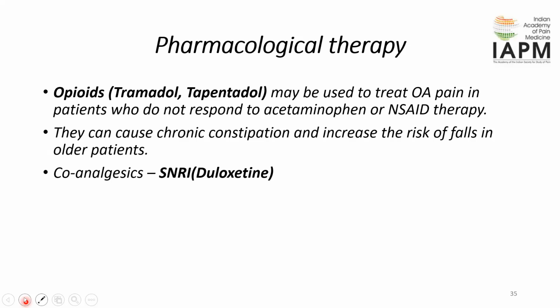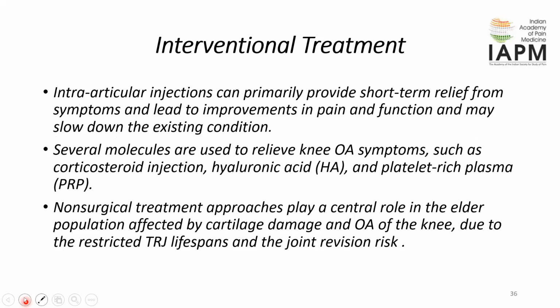Next come duloxetine, a serotonin reuptake inhibitor. These are co-analgesics. Next is interventional treatment. Intra-articular injection gives short-term improvement of symptoms, pain and function. These are mainly hyaluronic acid injection, corticosteroid injection, and platelet-rich plasma injection.